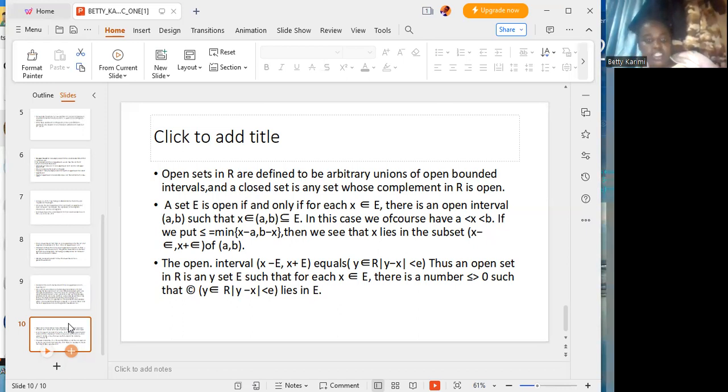Thus an open set is a set E such that for each x element of E there is a number epsilon greater than 0 such that the set of y element of R with absolute value of y minus x less than epsilon lies in E.